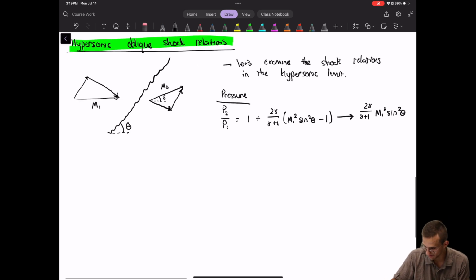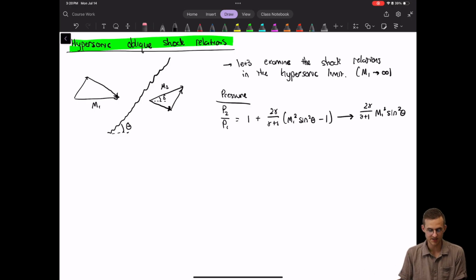By the way, the hypersonic limit is basically sending M1 to infinity. I really shouldn't say that. I should say that M1 is much, much greater than 1. That's a more precise statement.